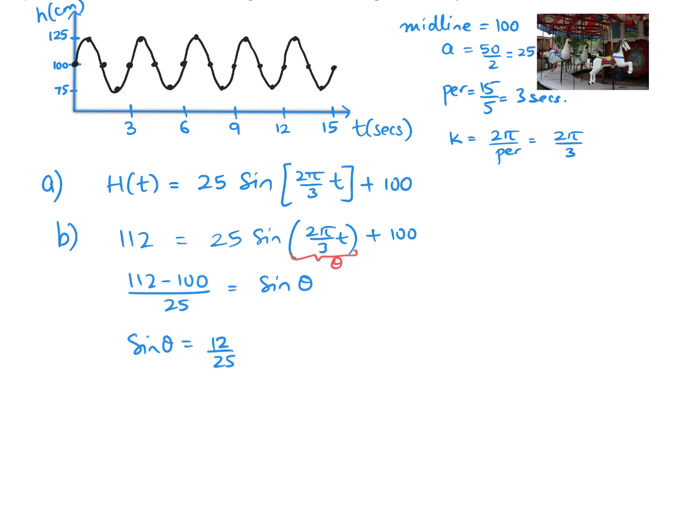Now because sine theta is positive, I know that theta would fall in either quadrant 1 or quadrant 2. From sine theta equals 12 over 25, your alpha angle would be sine inverse of 12 over 25, and that would be 0.5.